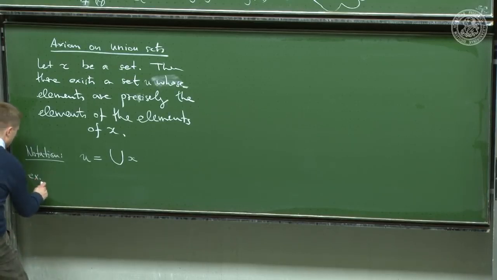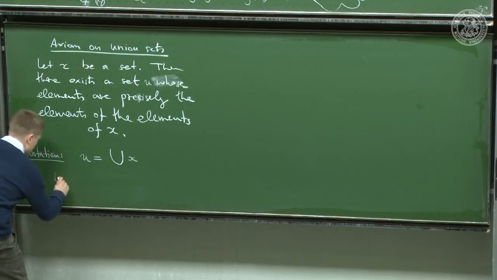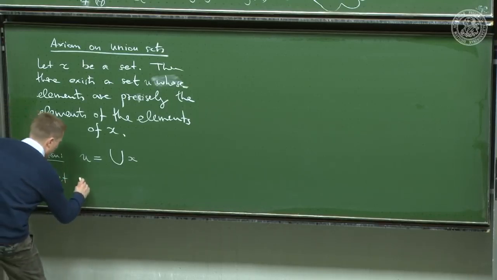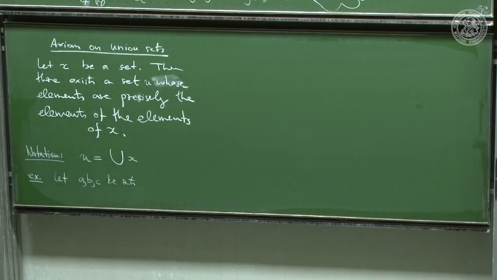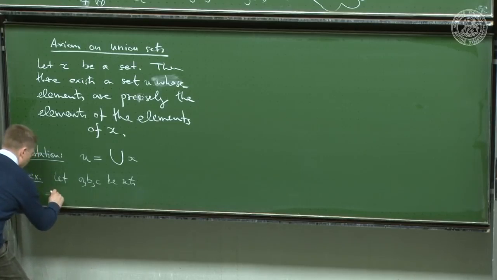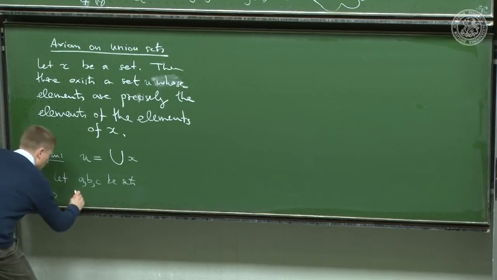So let's write down an example. As an example, let A, B, and C be sets. Okay, we start with sets A, B, C. And then it follows that, what do I take?